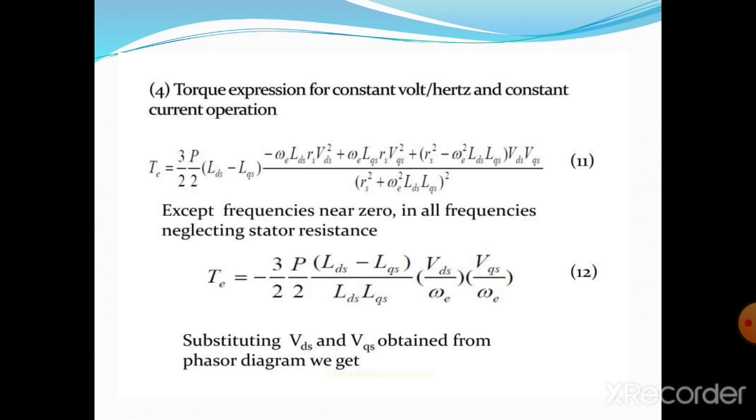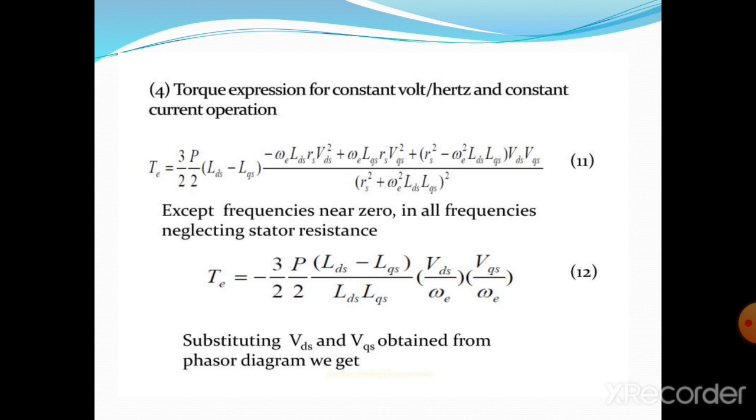And next one is torque expression for constant volt per hertz and constant current operation. We get the equation 11. Except at frequencies near 0, in all frequencies we neglect the stator resistance Rs.